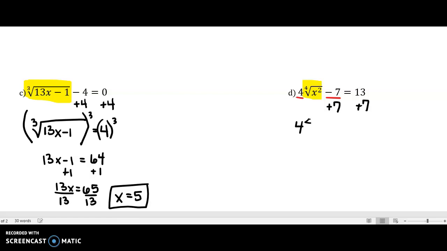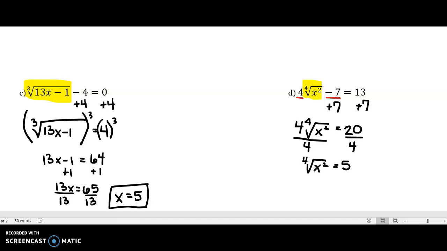Gives me 4 times the 4th root of x squared equals 20. Got to get rid of this 4. So I divide by 4. Root of x squared equals 5.